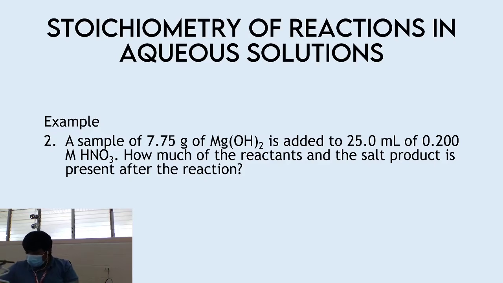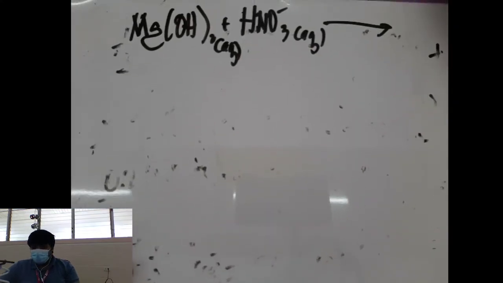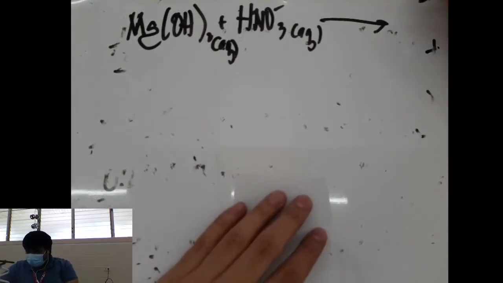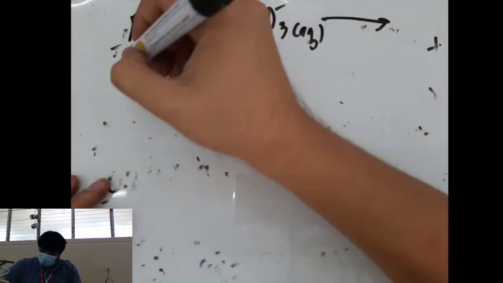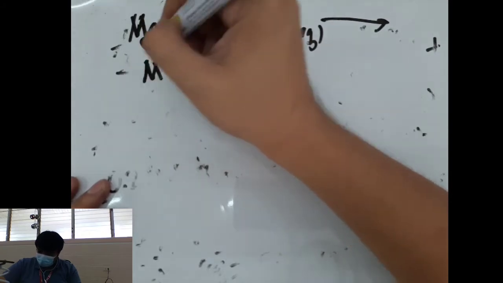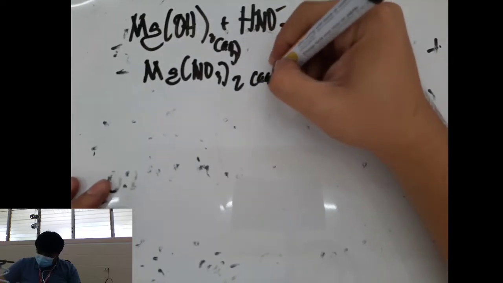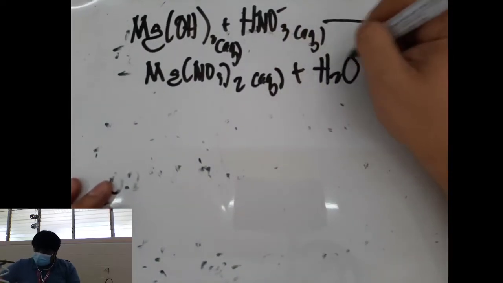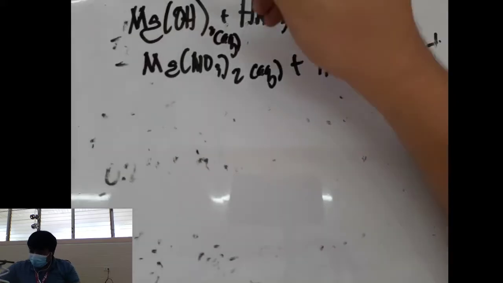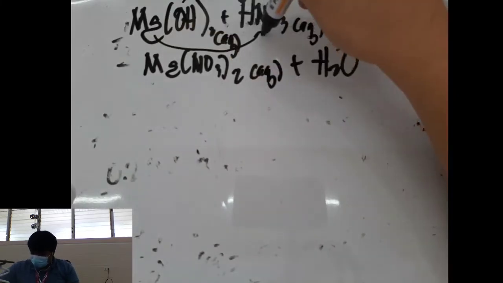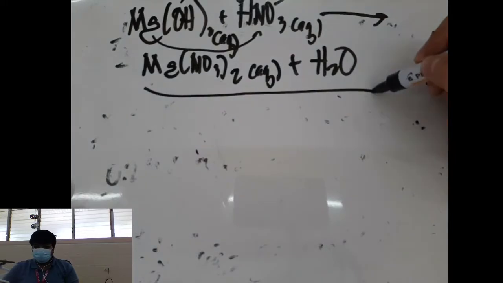A neutralization or acid-base reaction will form a salt, which is magnesium nitrate, and water. So it's just again a double displacement. This will combine and this will combine to give you this product. Okay.